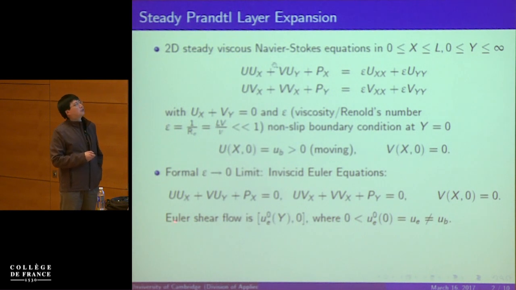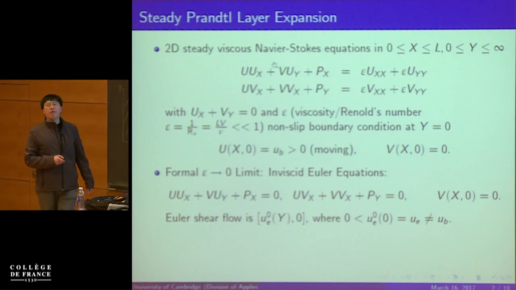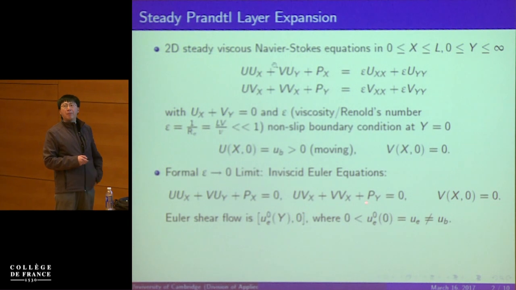Throughout this talk, we want to consider some simpler Euler solutions. Those solutions are well known. They are called parallel flows or shear flows. They are of the form where the horizontal velocity only depends on the y coordinate, and the vertical velocity is identically 0. It's very easy to see, if you plug this back into the Euler equation, that this is indeed satisfied, and it also satisfies the non-penetration boundary condition.